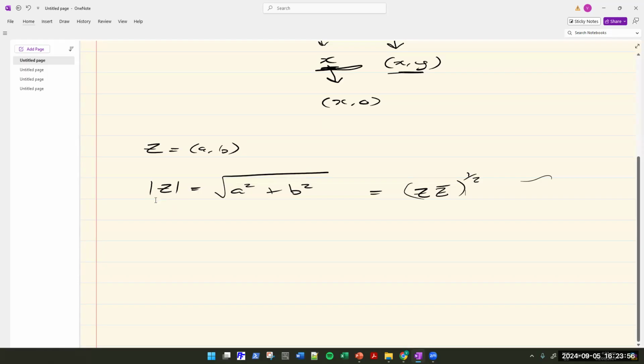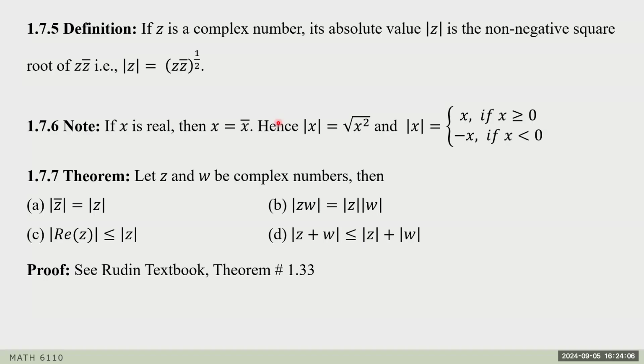So the modulus of a complex number is the same thing as z z bar to the power of a half, or the square root of a squared plus b squared. Note that if x is real, then of course x is equal to its complex conjugate because there's no imaginary part. And the modulus is the same thing as if you square root the square of a real number. And of course, the modulus function is defined like this.